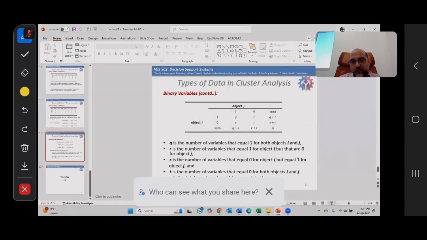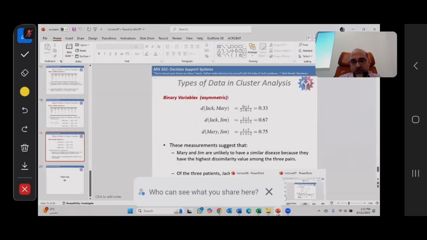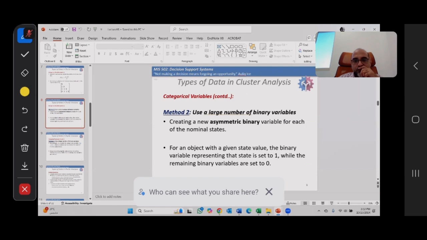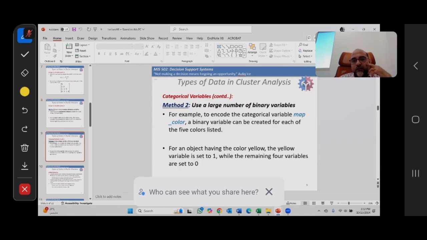Now, for the other lecture, I'm not going to go into too much detail, but I'm going to talk about a few more things. There's something called categorical variables. Categorical variables are like binary asymmetric variables, but not just 0, 1; they could have more than two values: 0, 1, 2, 3, 4, 5. For example, colors.